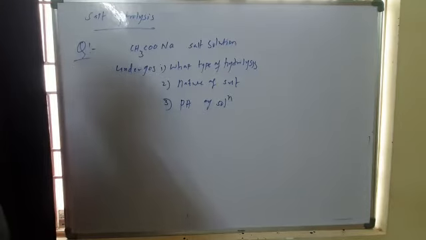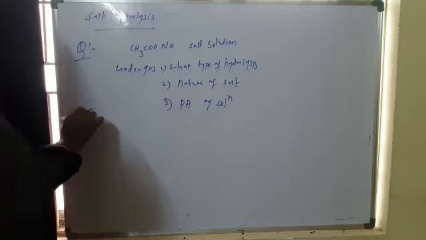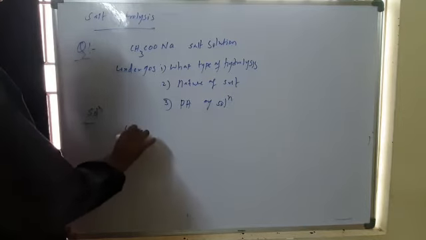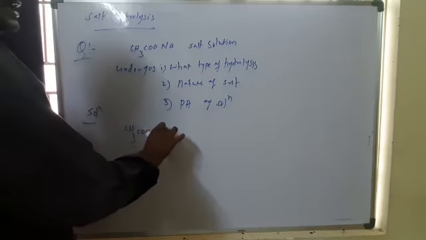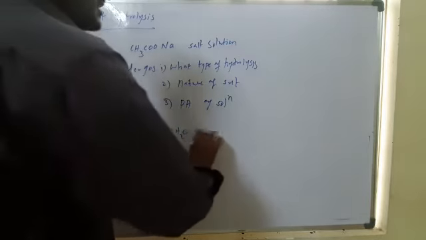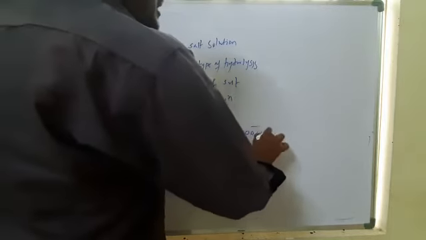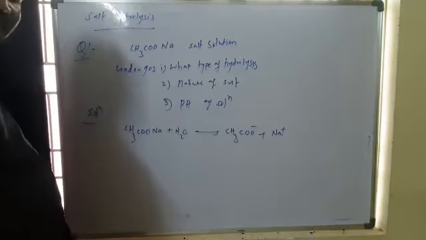In such cases, you have to look at the solution. CH3COONa in water, if you add water, splits into ions: CH3COO minus plus Na plus.